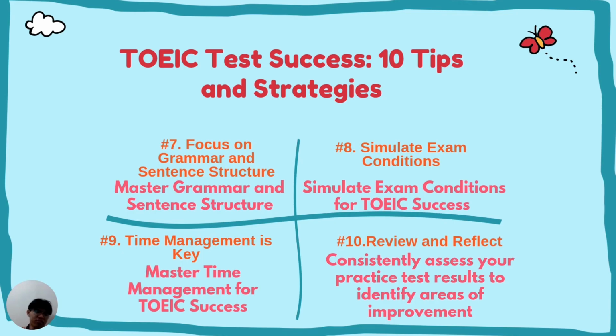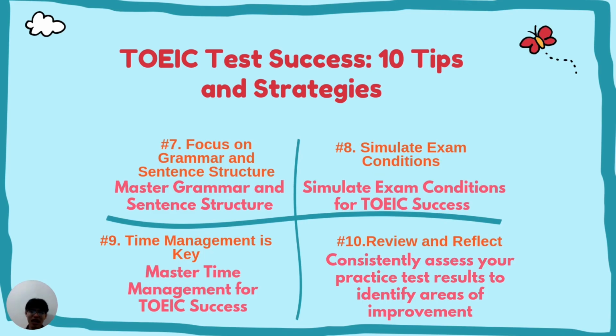Master time management for TOEIC success. And number 10, review and reflect. Consistently assess your practice test results to identify areas of improvement, so you can know which mistakes you make while taking tests or prediction tests.